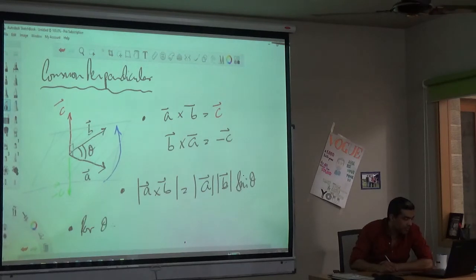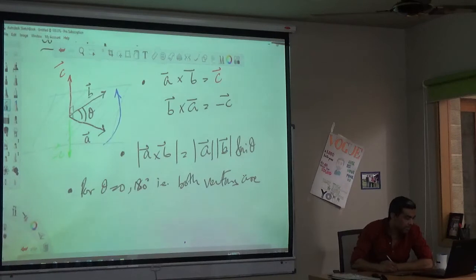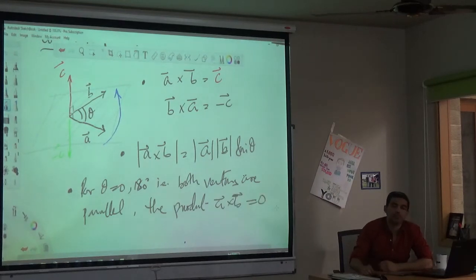For theta equals 0 or 180 degrees, that is, when both vectors are parallel, the cross product A cross B is equal to 0.